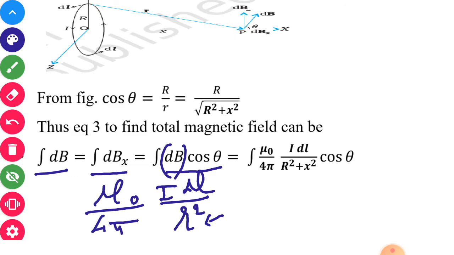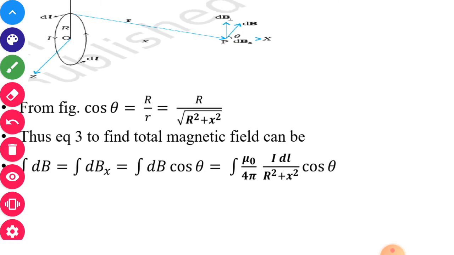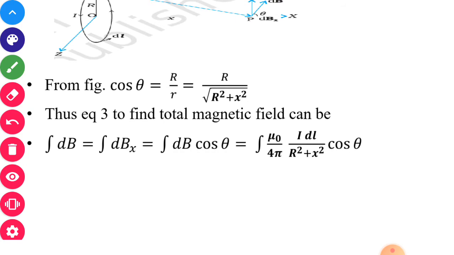So try to understand: the integration of dBx, which is dB cos theta, and dB is mu 0 upon 4 pi I dl upon R square plus x square, times this cos theta.